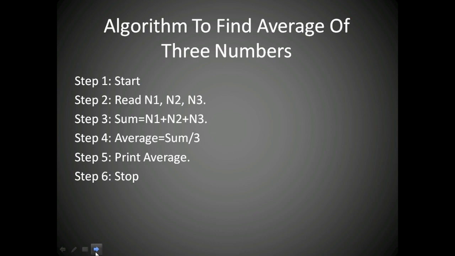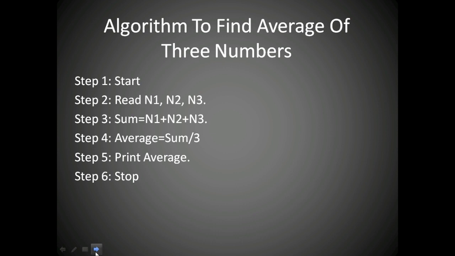Then sum, just calculate the addition. Average, sum divided by 3, and print average. So see here we didn't write a sentence. Instead of that we have just used a powerful word which gives the same meaning. So this one is actually the proper, systematic way of writing an algorithm.